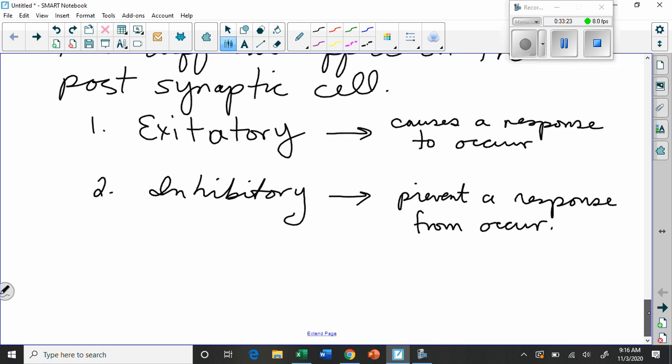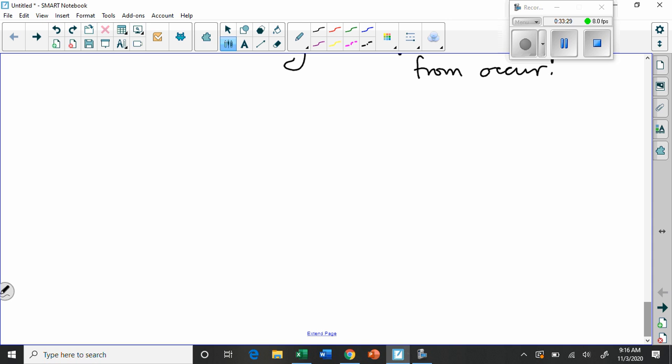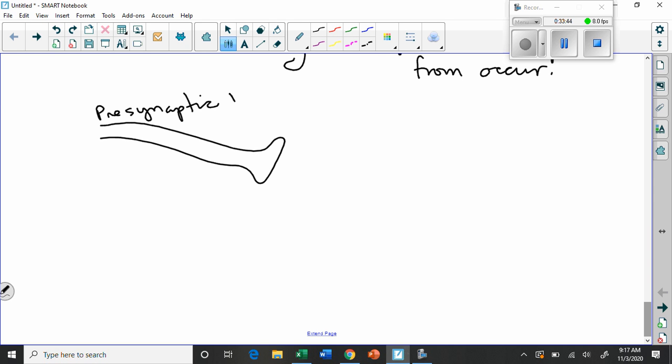So what can happen is this. If you have a connection, so this is going to be a presynaptic nerve or neuron. And then over here, right, we have the postsynaptic muscle cell.